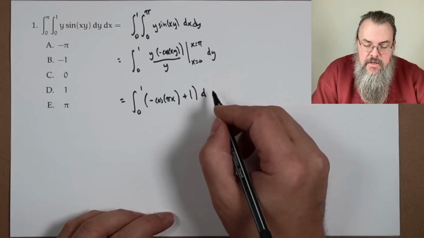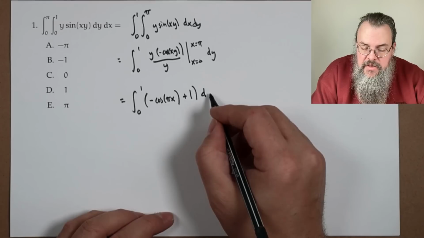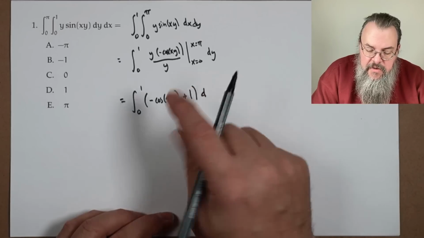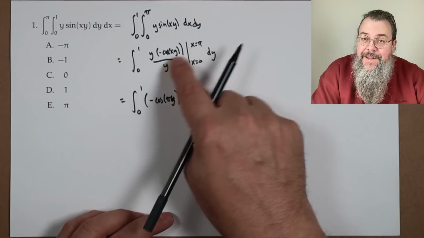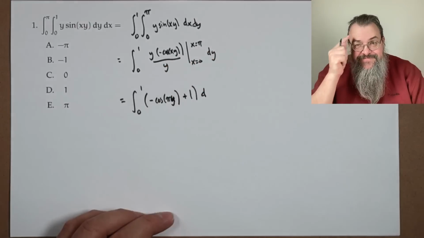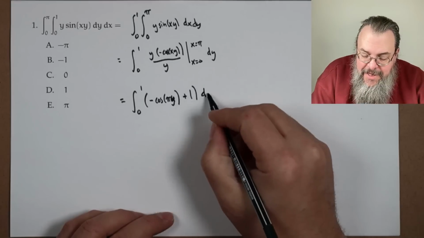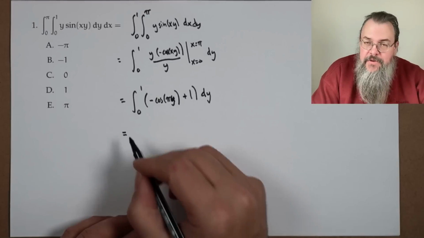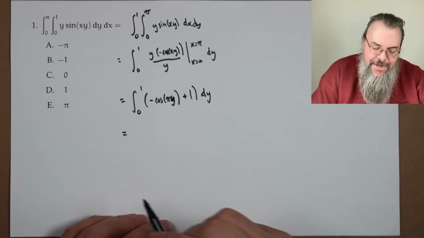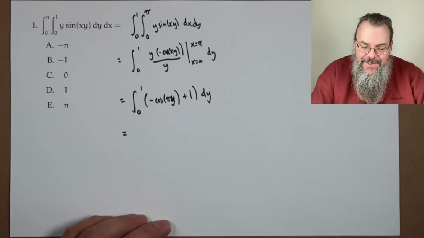And whoops, I put an x here. That should be a y. Excuse me about that. Right, because we plug in x equals pi, not y equals pi. Check your mistakes. As the great philosophers would say, you should check your work so you don't make a silly mistake. All right, wait, no, that's not what they said, but close enough.